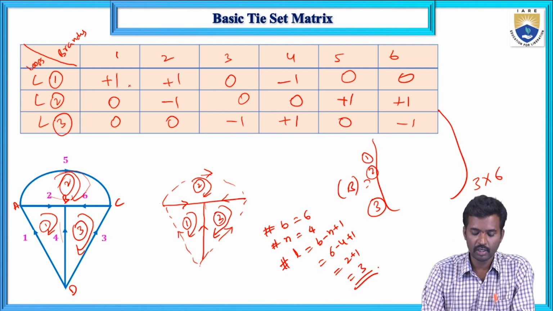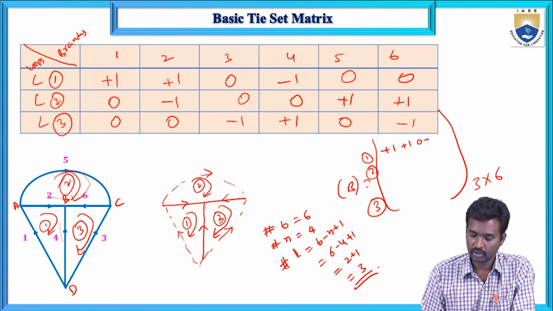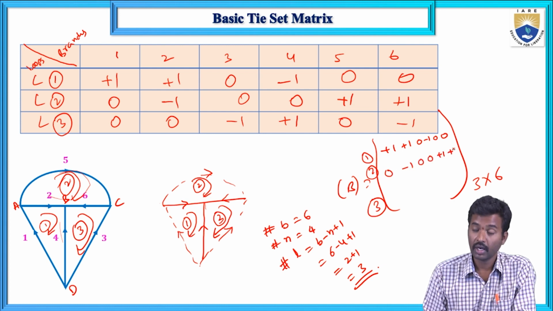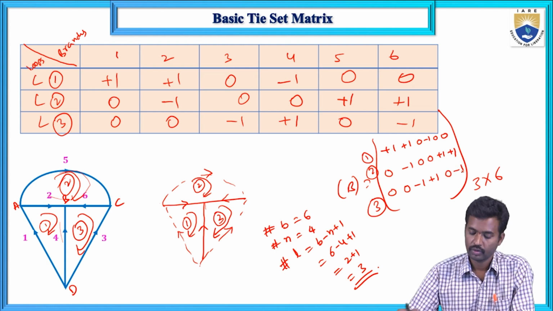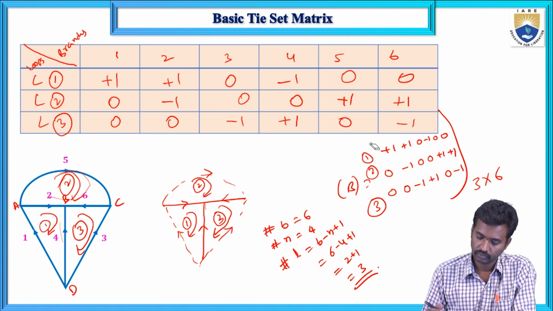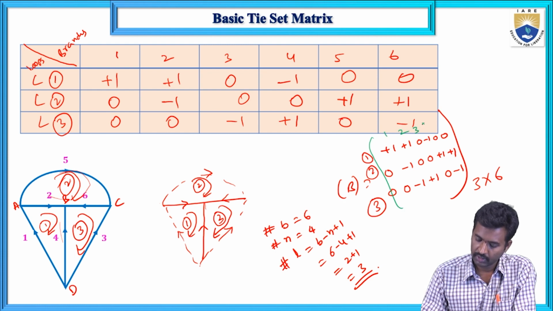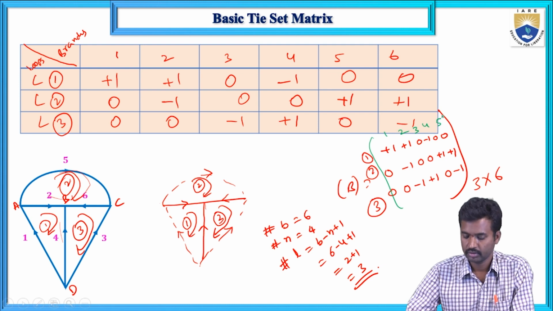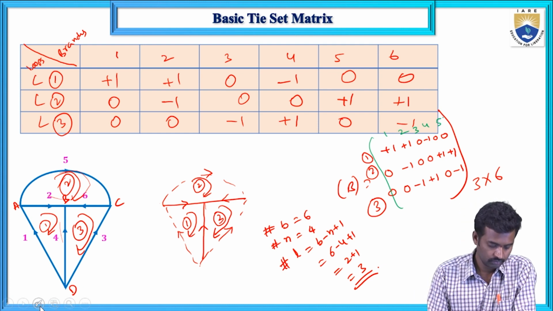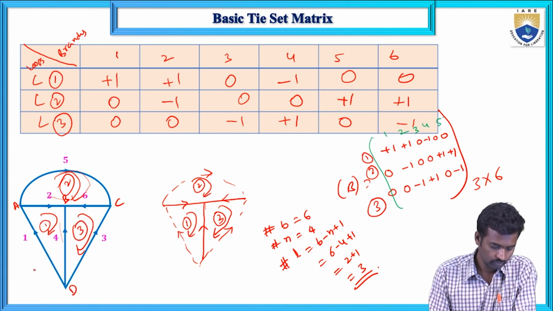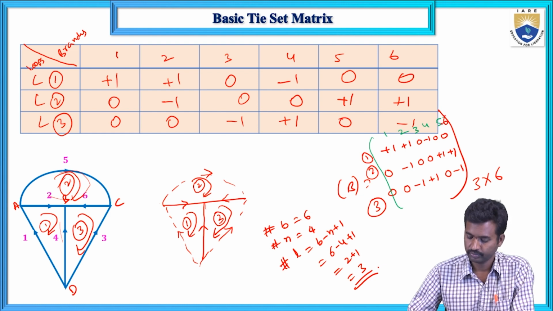So now the matrix elements are plus 1, plus 1, 0, minus 1, 0, 0, and 0, minus 1, 0, 0, plus 1 and plus 1, and 0, 0, minus 1, plus 1, and 0, minus 1.